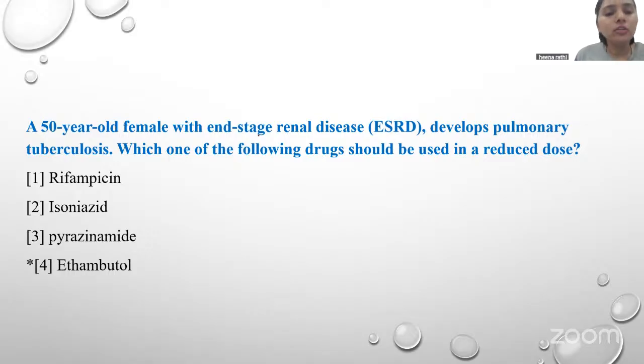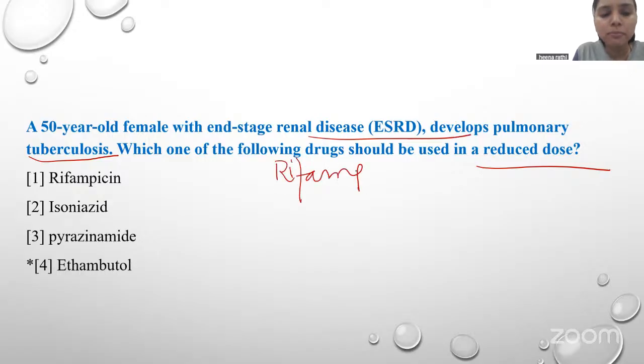A 50-year-old female with the end-stage renal disease developed the pulmonary tuberculosis, one of the drugs which should be used in reduced dose. Very important question to understand. The drugs which are used for the tuberculosis are the rifampicin, isoniazid, pyrazinamide, ethambutol.